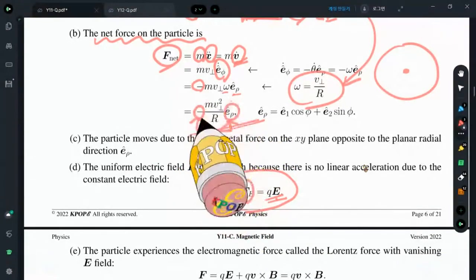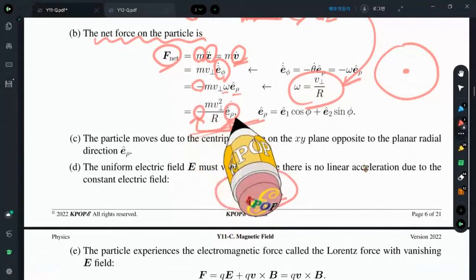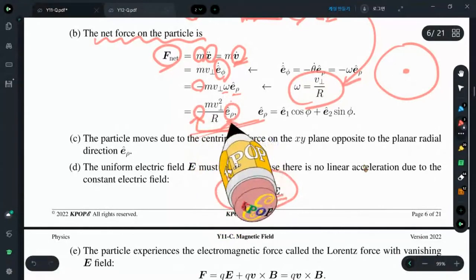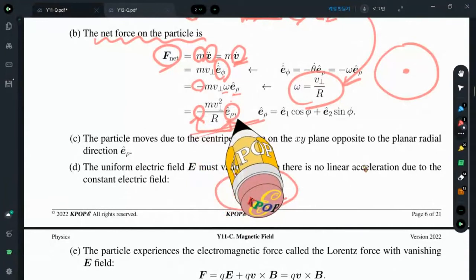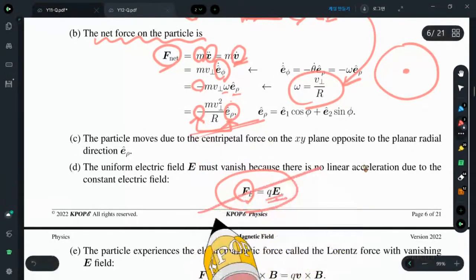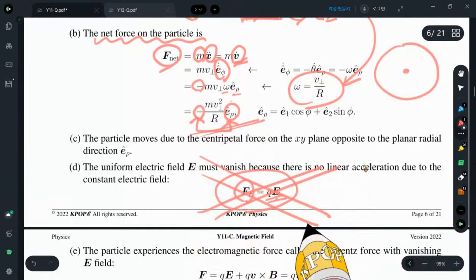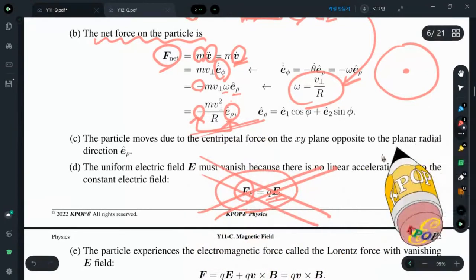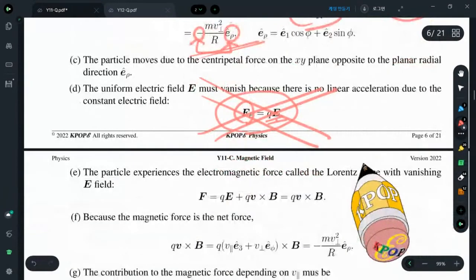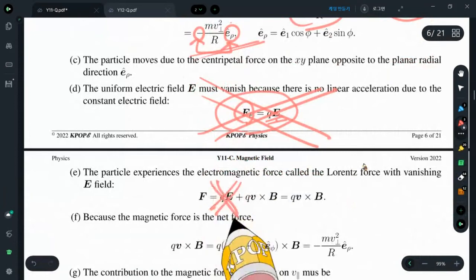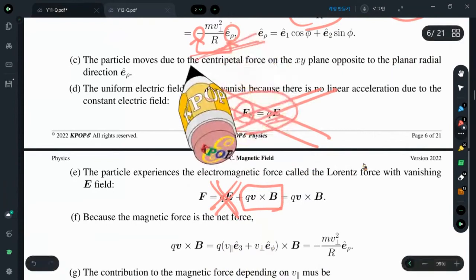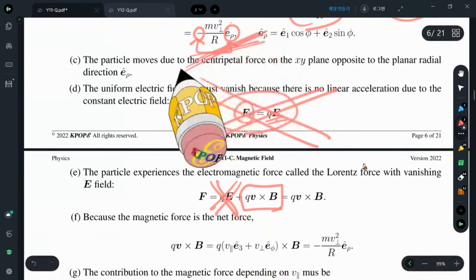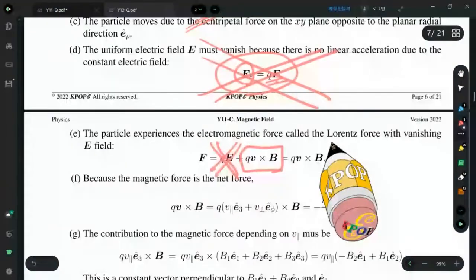Yes, this has a constant magnitude, but the direction keeps changing. So it is impossible to have an electric field. Okay, so forget about the electric field, and let's think about the magnetic field, how to create the magnetic field to reproduce this force.